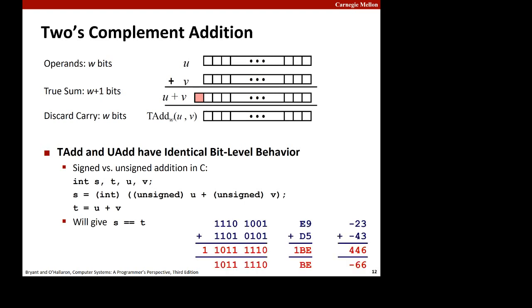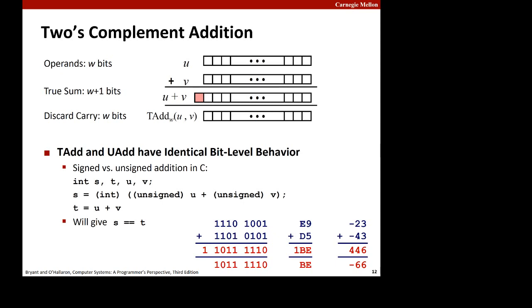And again, you can see that here with the same set of bit patterns as before, but now since this is a 2's complement number, if you look on the right, you'll see that these bit patterns represent the numbers minus 23 and minus 43, respectively. If you were to just add those numbers, as just bits, you'd get 446, which doesn't seem to make much sense.